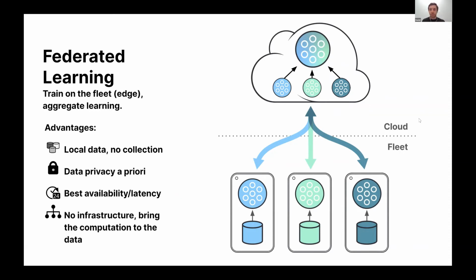This data can be either data from real devices, so real collected data, or in other cases, it could be synthetic data. And what we do then is we pre-train the model on synthesized data, and then we go to devices to adapt the model to real-world data. So this is called federated domain adaptation.